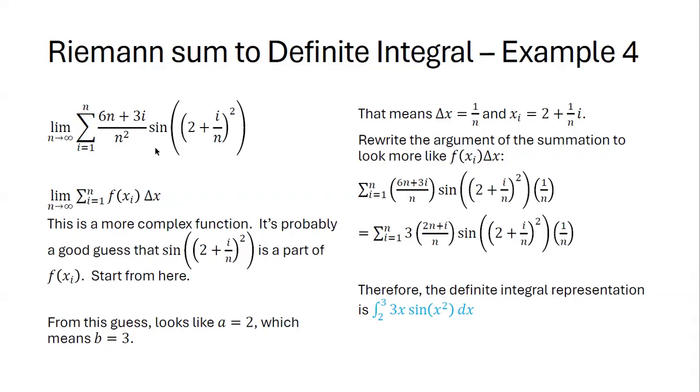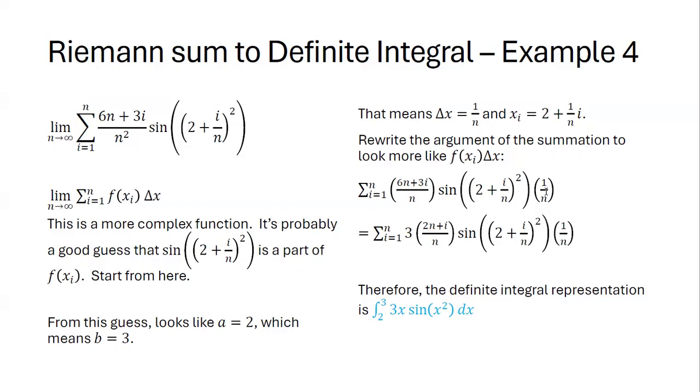Let's now rewrite what's inside the summation in more of this form, f of x sub i times delta x. We guess that delta x is 1 over n, so let's factor out a 1 over n from this other term over here. We get 6n plus 3i over n remaining, and then sine of that guy, and then times 1 over n.